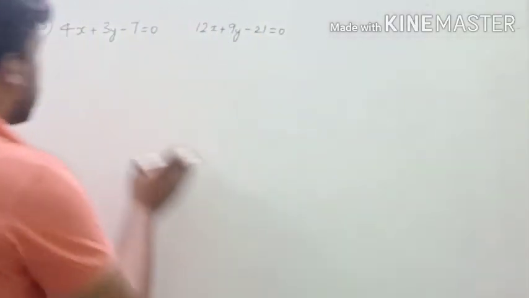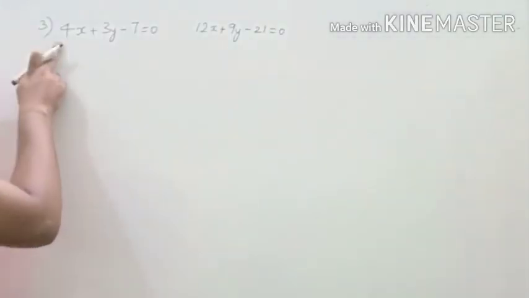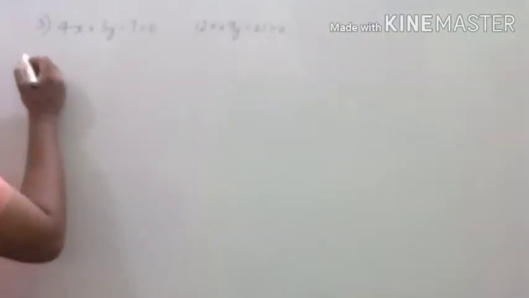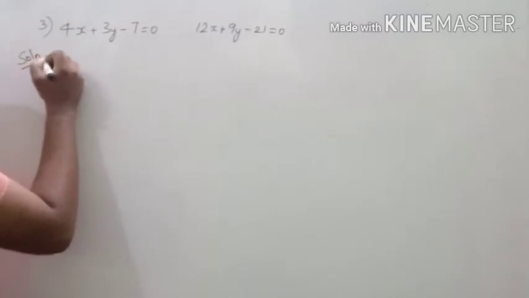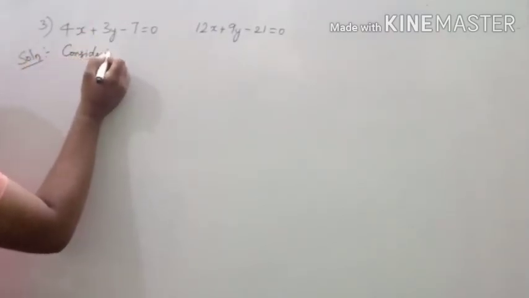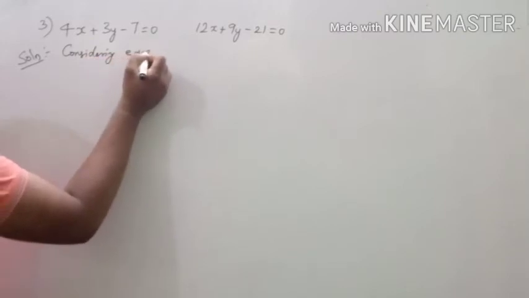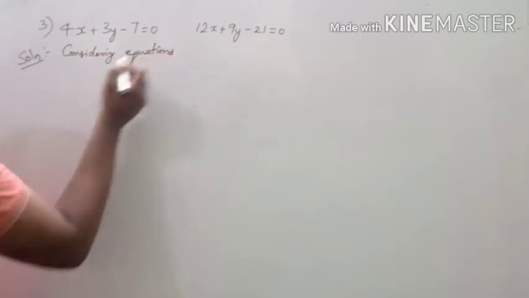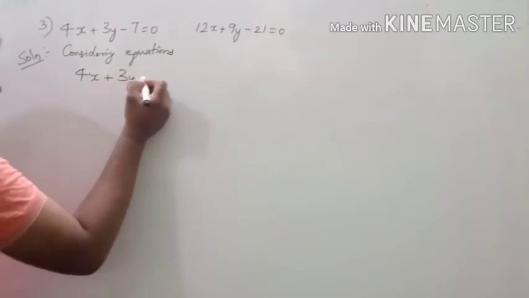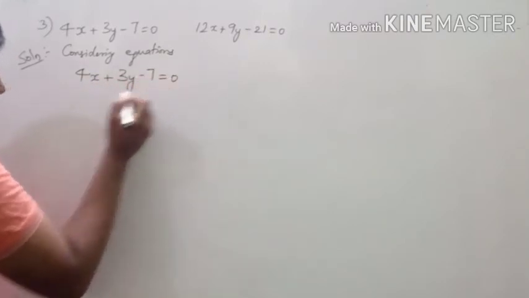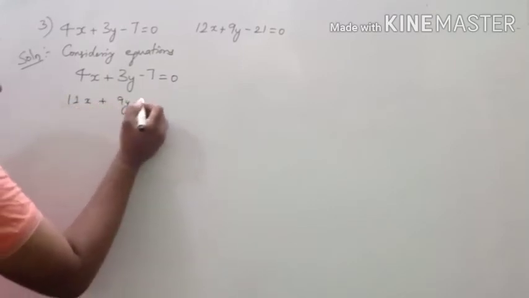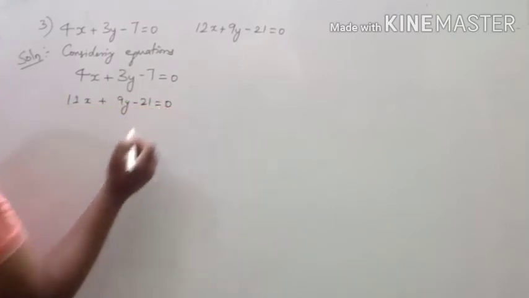Yes, so these are the two equations. We have 4x plus 3y minus 7 and 12x plus 9y minus 21. Similarly, for the solution, considering equations, 4x plus 3y minus 7 is equal to 0 and 12x plus 9y minus 21 is equal to 0.